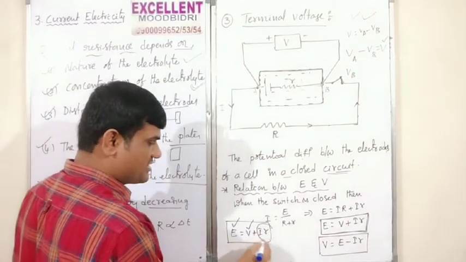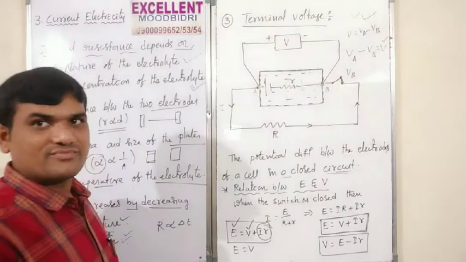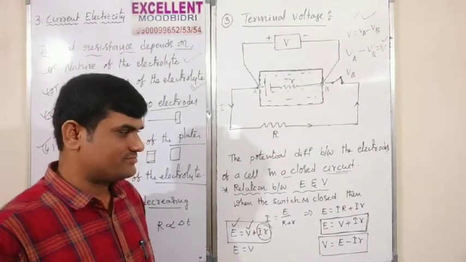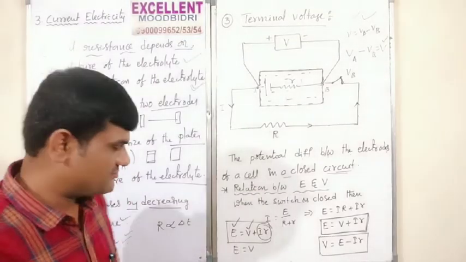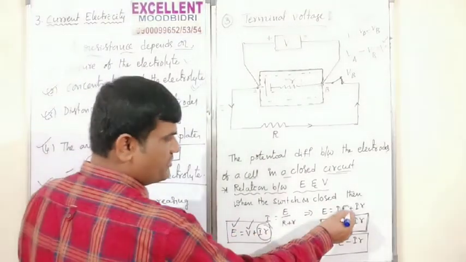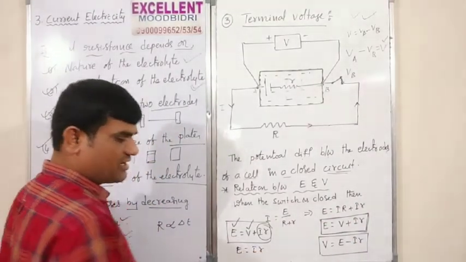So this becomes 0. Then E becomes equal to V. V is equal to E. Or else, if I is equal to 0, this becomes 0, E is equal to I into small r.